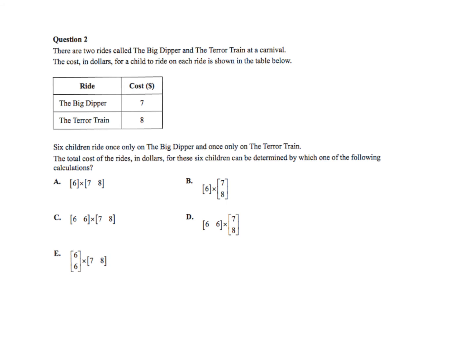Okay, there are two rides, the Big Dipper and the Terror Train at a carnival, and the cost in dollars for a child to ride on each ride is shown below. 6 children ride once only on the Big Dipper and once only on the Terror Train. The total cost in dollars. Now, here you've got to be careful because they want the total cost in dollars for these 6 children.